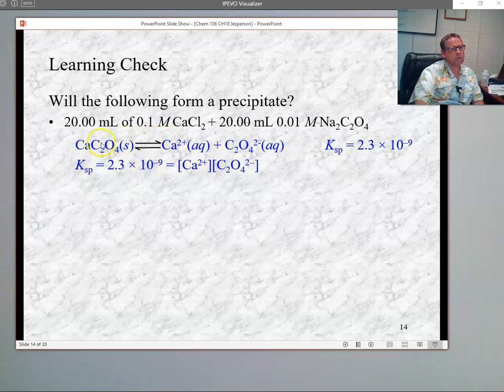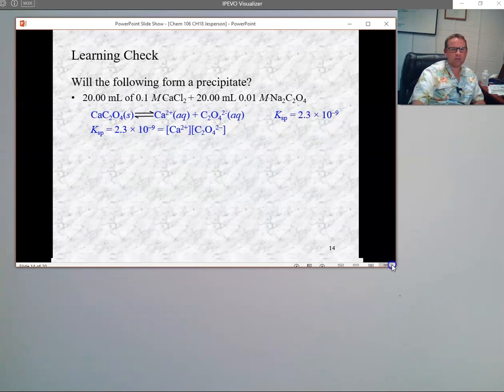Oh. So we took 20 milliliters of 0.1 molar. That's what we started with, but then we added an additional 20 milliliters. So it takes the concentration of our 0.1 molar calcium ion in half. So this calcium ion concentration ended up being 0.05.